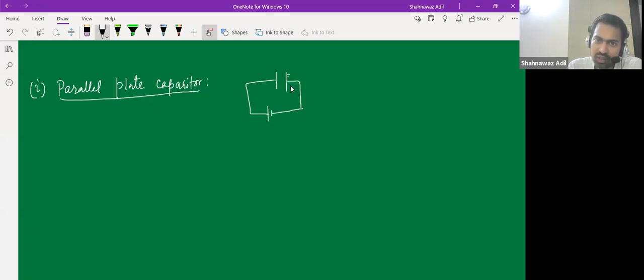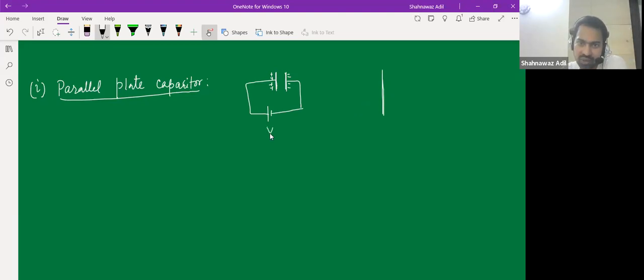So this is the negative charge and this is the positive charge. We see that there is nothing inside this capacitor. You guys tell me, these are two parallel plates. So what is the electric field of the parallel plates?